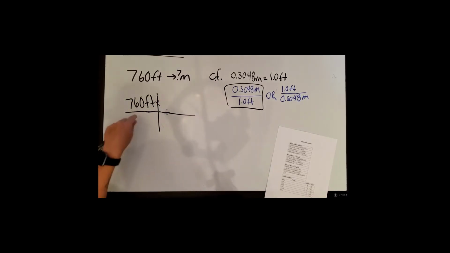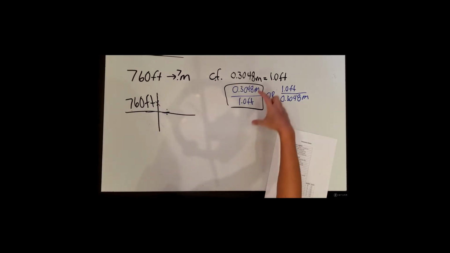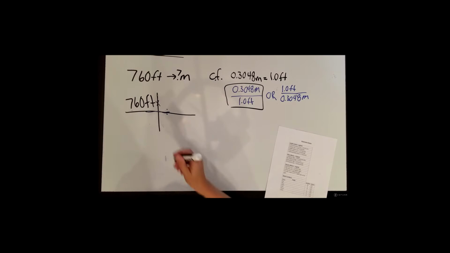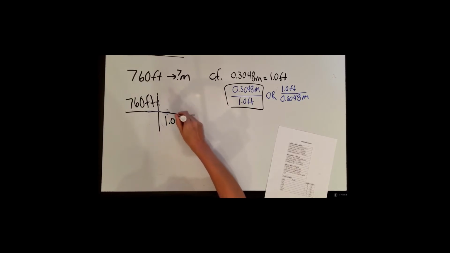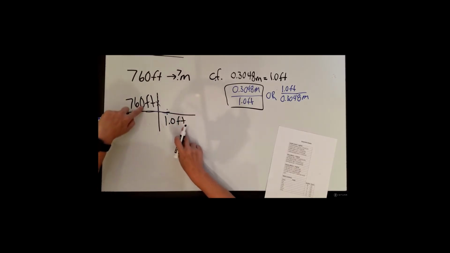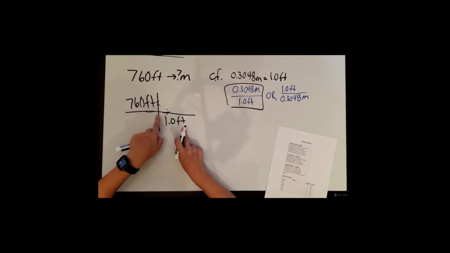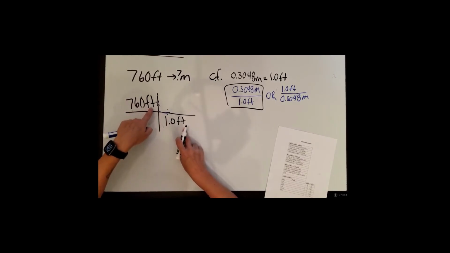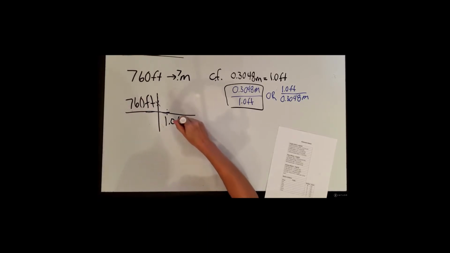Okay, so if this horizontal line is a division line, and I take this version of that conversion factor and put feet on the bottom, what I have now is feet divided by feet. So since I have feet on both sides of that horizontal line, they actually just cancel each other out.